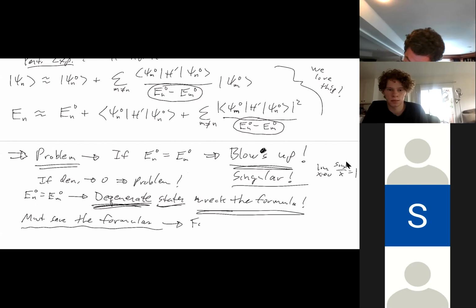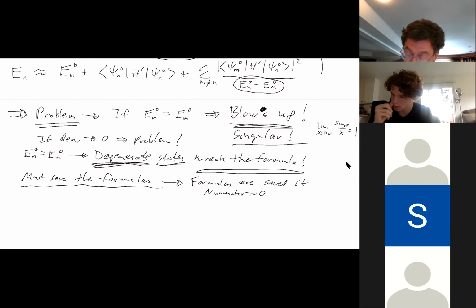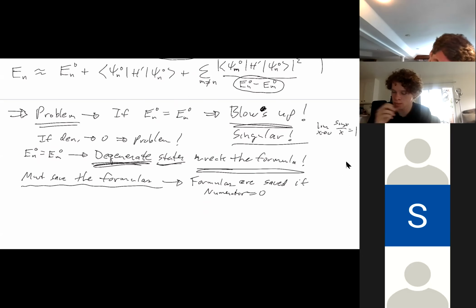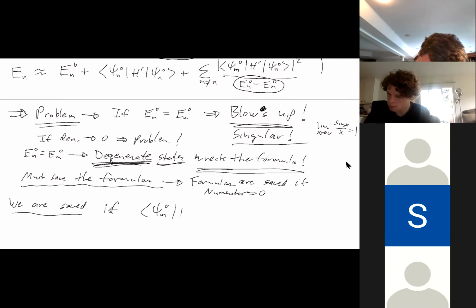The formulas are saved if the numerator equals 0. We are saved if psi m naught H prime psi n naught equals 0.